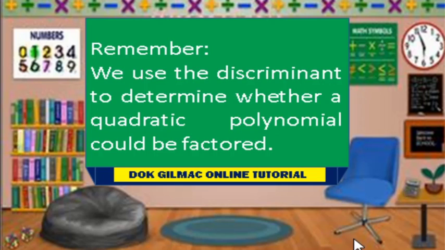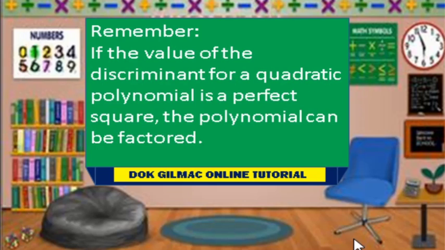Remember, we use the discriminant to determine whether a quadratic polynomial could be factored. Remember, if the value of the discriminant for a quadratic polynomial is a perfect square, then the polynomial can be factored.